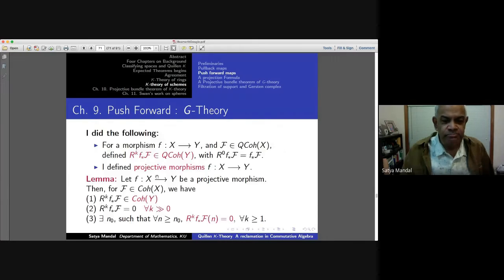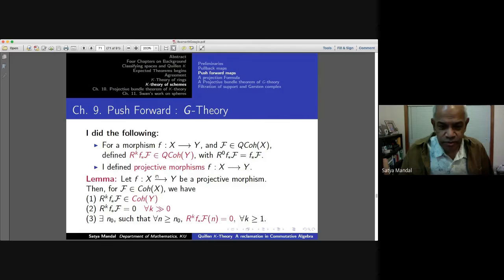Okay, so I did that. Given a map from X to Y, I defined the higher direct image, assuming F was a quasi-coherent sheaf.